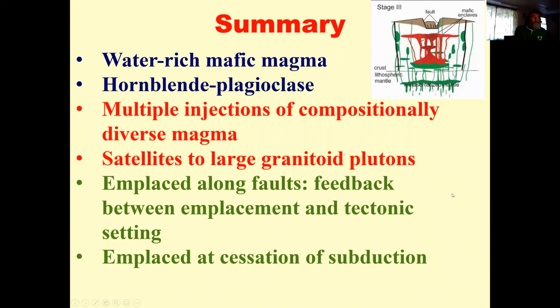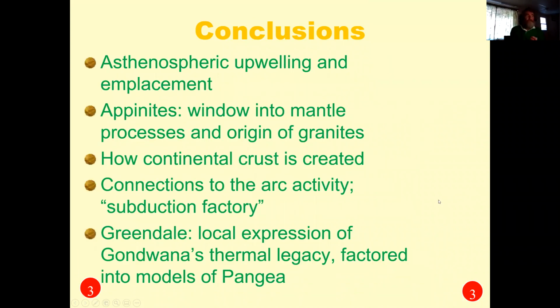They're in place at the cessation of subduction, and there appears to be evidence for strong mantle activity and thermal disturbance. Perhaps it's seen as upwelling, but at least some Appinites contain mantle-derived water. So we may be getting a window into mantle processes and the origin of granites. And because we're transferring mass from the mantle to the crust, it may give us a window into how some of the crust is generated, connecting to arc activity in general.